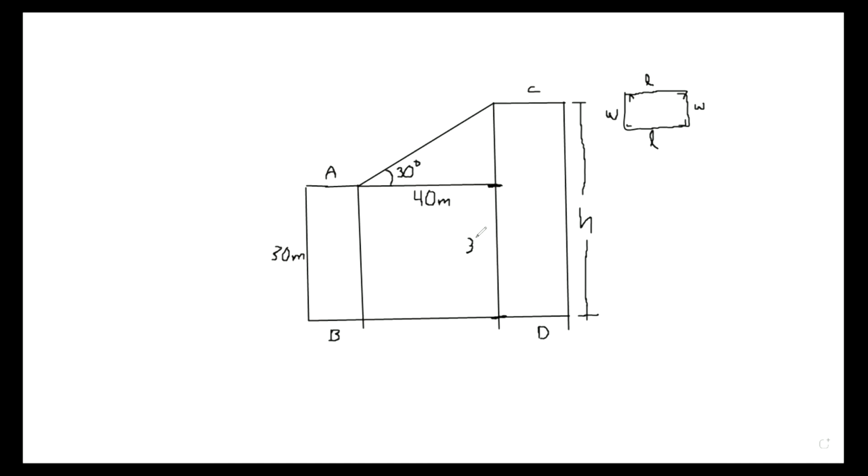Because it's the same height as the building. Okay, it's the same height and we've made a rectangle, right? And the properties of a rectangle are that the sides are equal. At least two sides are equal, right? Not the whole thing, because then it would become a square.